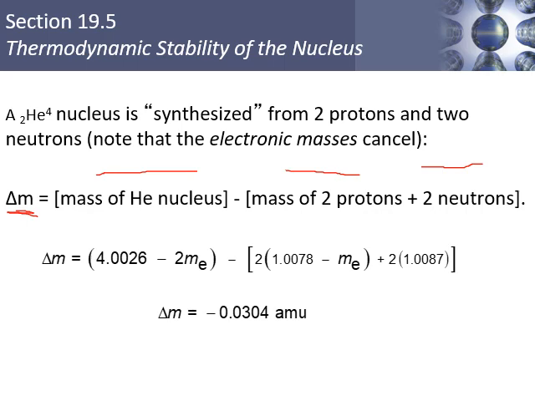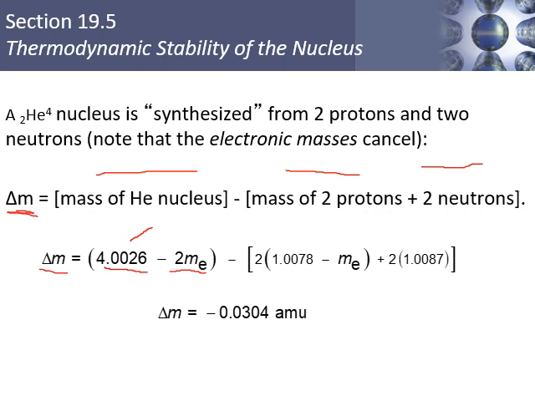So the way that we're going to write that for any element would be that the mass defect is the mass of the atom. So look up helium in the chart, 4.0026, and then minus the masses of 2 electrons. So that converts this helium atom to a helium nucleus because you're subtracting its electronic masses.